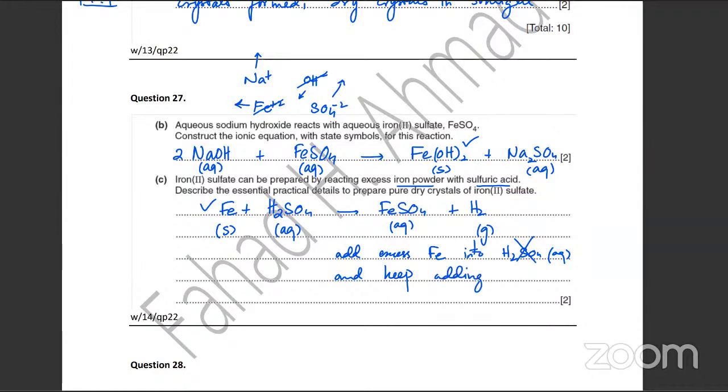And then filter? Yes. So to remove the excess, right? You add it in excess so that one of the reactants gets completely used up. The extra Fe, excess Fe, is removed by filtration.